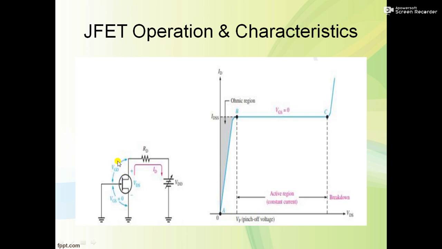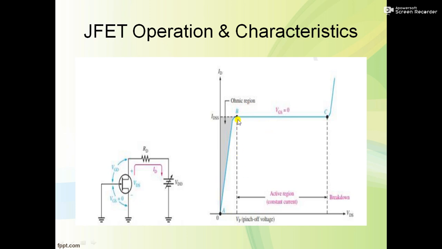After that, when the voltage between gate and drain converts from forward to reverse bias condition, at that time the width of the depletion region increases.